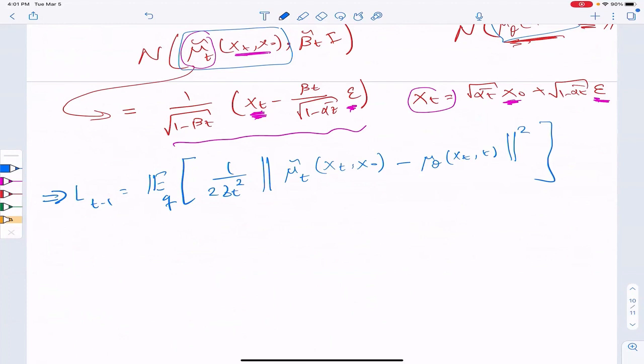That's it. Okay, how can I use it for training? Do I have a value for this vector, for mu hat of t? There is no theta there, so it's a fixed vector based on samples that you're drawing. Can I compute this mu hat of t?